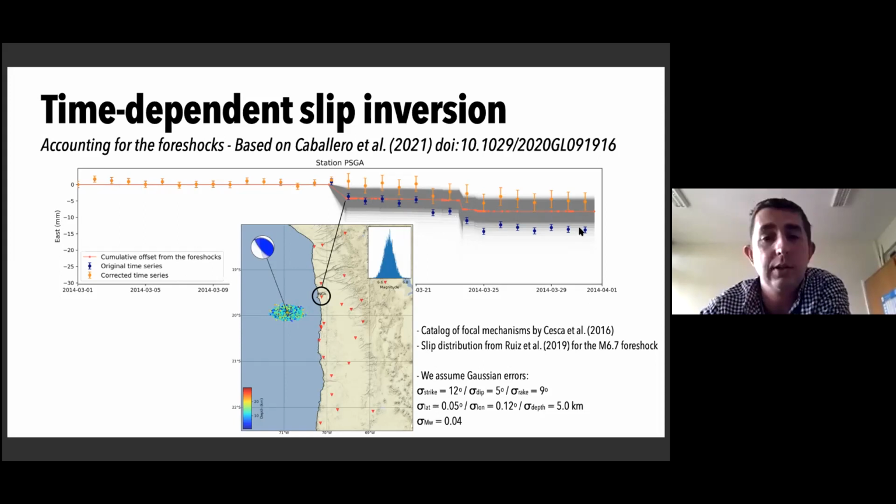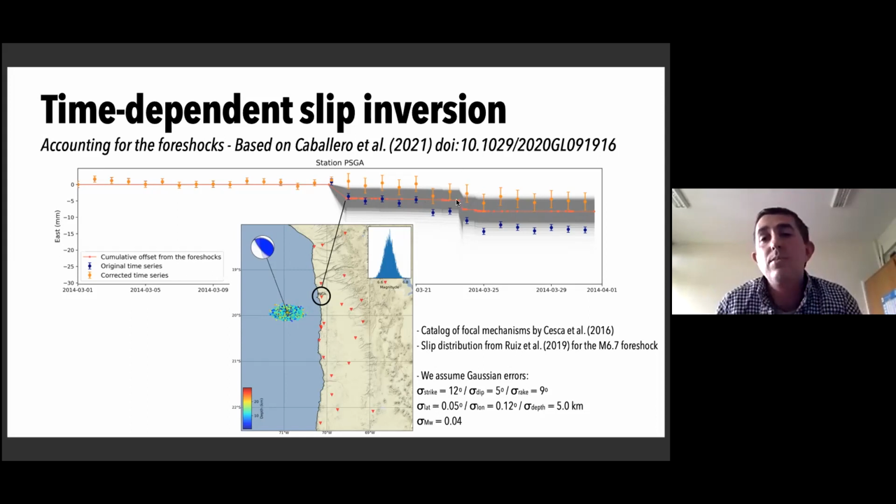That station is Pisagua, which is a little bit offshore of the main shock. On that station, you can then remove the seismic contribution from the foreshocks, and you end up with the orange time series, which is shown here. You can see that there is still some signal at this station that something is going on, but we have removed the contribution from the main earthquakes.